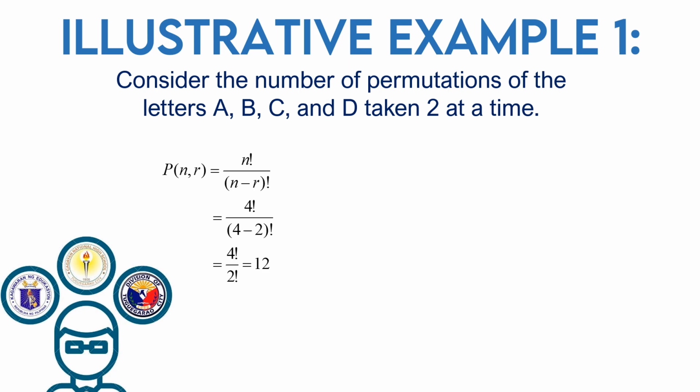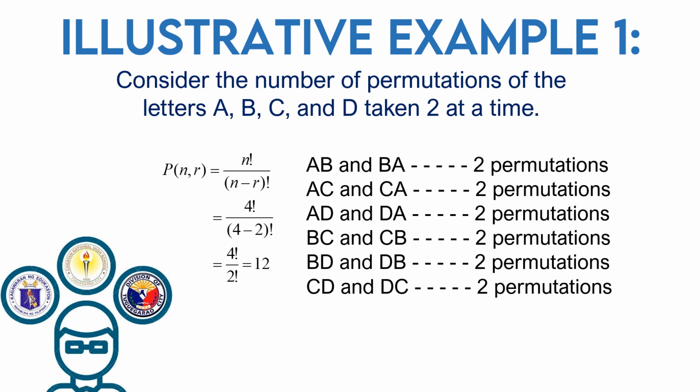That gives us 4 factorial over 2 factorial, which is equal to 12. Now, what are these 12 permutations? So we have AB, and BA.